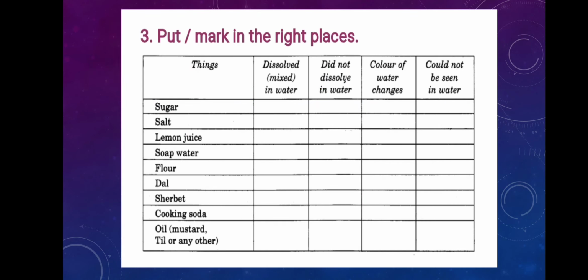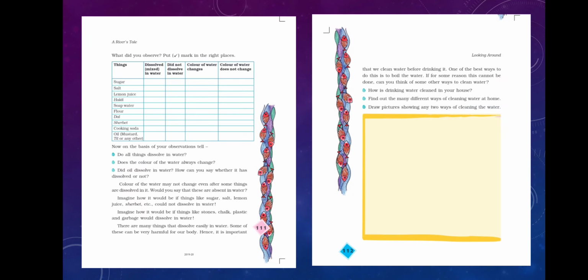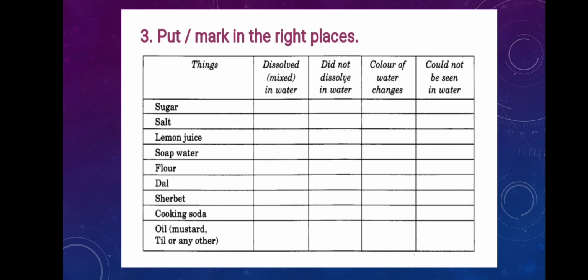So this is the main chart we are talking about. We have to fill in this chart on page number 11. Different types of material we have taken: sugar, salt, lemon juice, soap water, flour, dal, sarbat, cooking soda, and the chart records whether each dissolved or mixed.